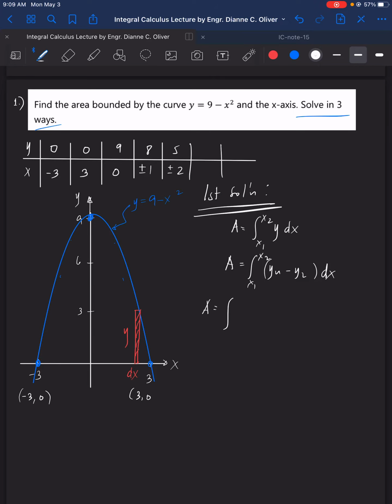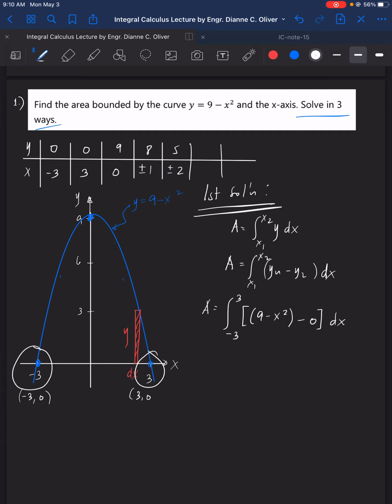Y upper is the curve, so that is 9 minus x squared, minus the y of the lower, which is y is equal to 0. So this is dx. The limits are from negative 3 to 3 for the x.